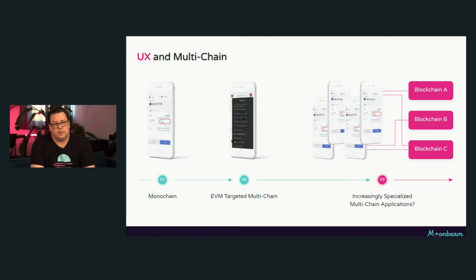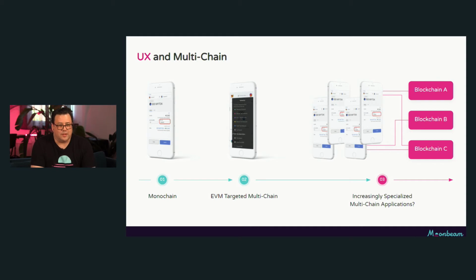I wanted to talk about one other point that I think is quite important, and that's UX. The point I'd make here is that a lot of the tools in this space now were really designed with a monochain deployment in mind. And as we're moving into apps that are multi-chain, I think this is already starting to show some challenges.